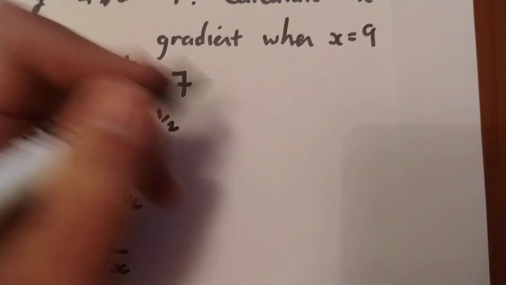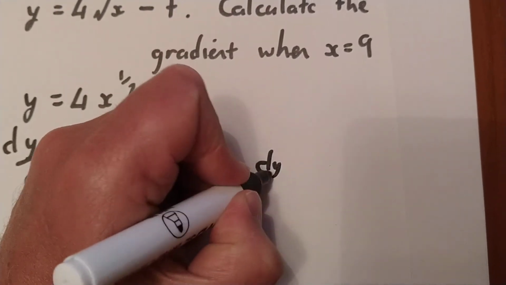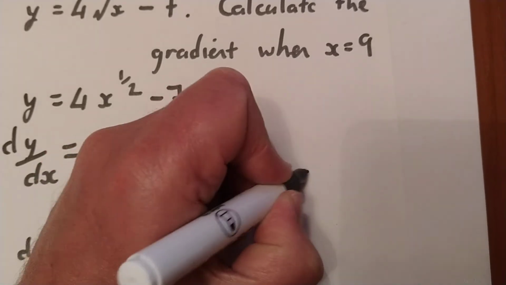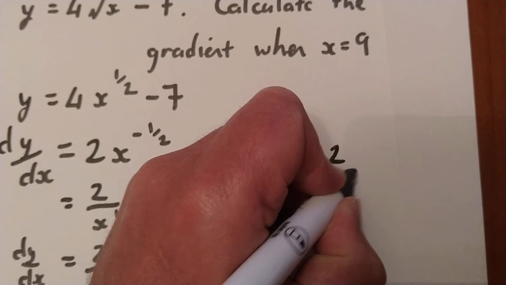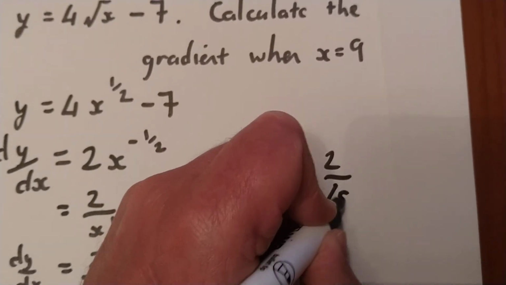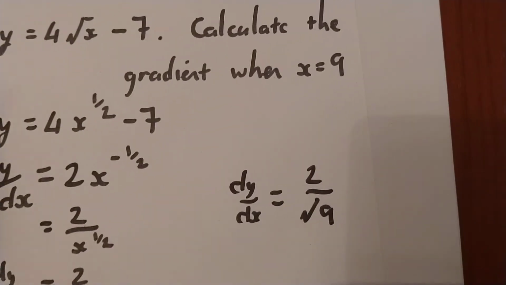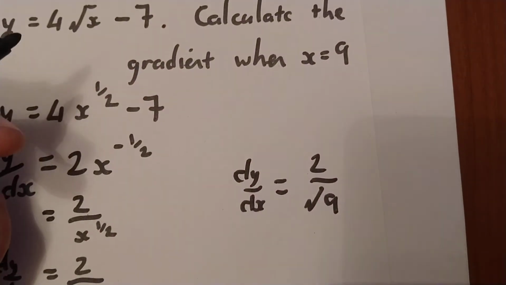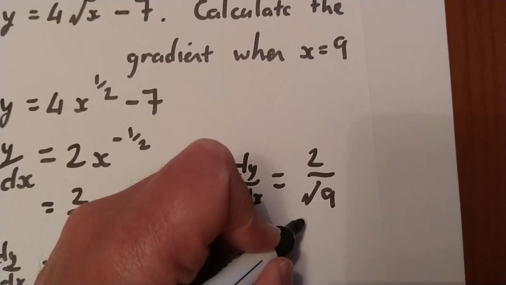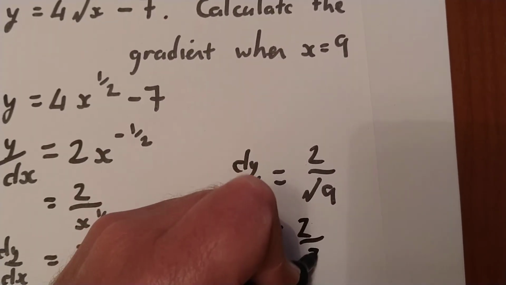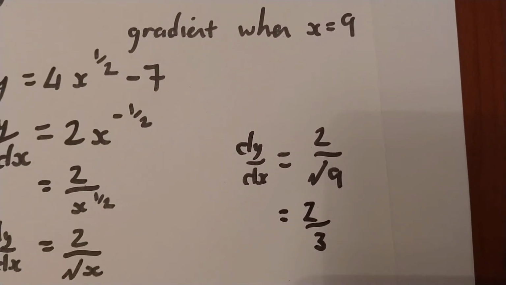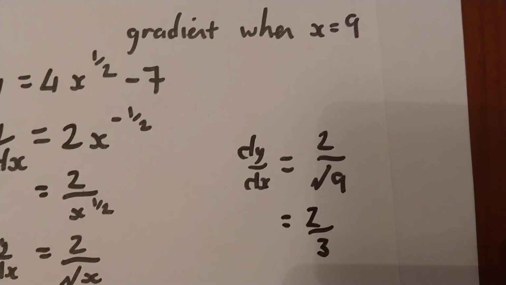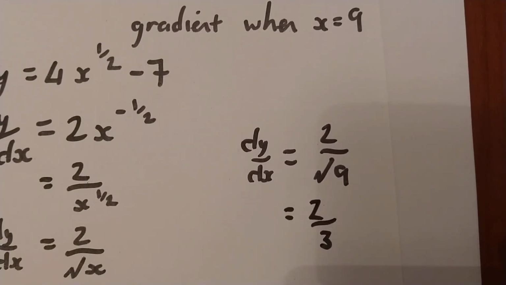So I'm going to say, in this instance, dy by dx will be 2 over square root 9. For when the question says work out when x is 9. Oh, that's 2 over 3. My gradient is 2/3. And remember we said before, differentiation is the 6th way that we can work out gradient.